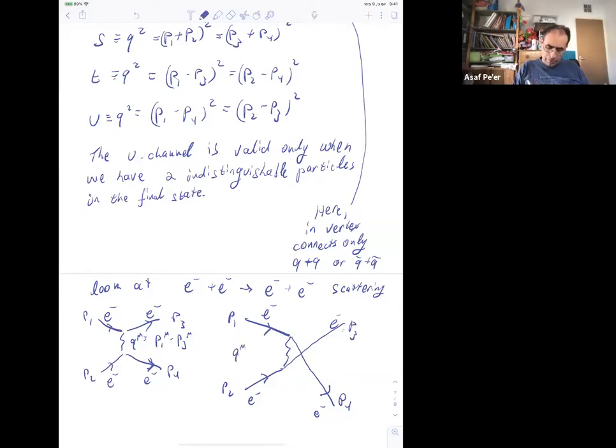Now Q mu is just P1 minus P4, which follows from the vertex here. So we must have both options.